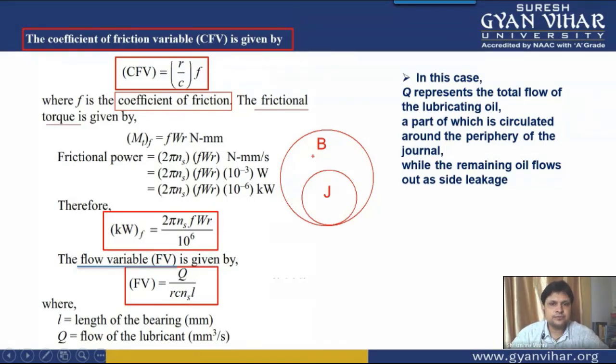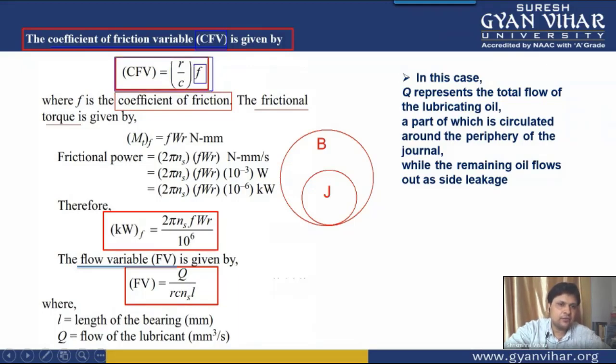Now, for measuring that friction, there is a variable known as the coefficient of friction variable, CFV. In short it is known as CFV, and it is given by this particular formula: R by C into small f.